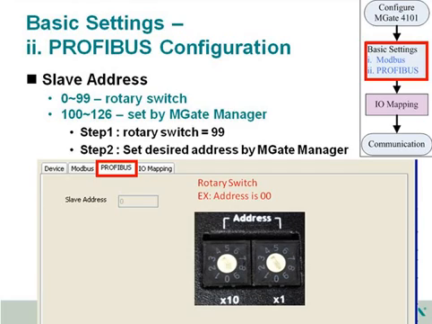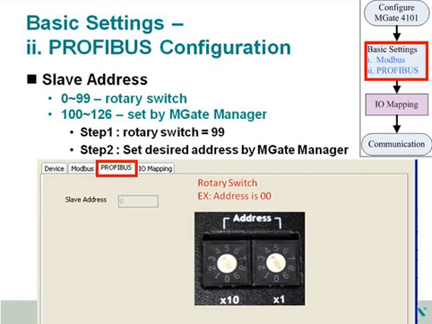You will also need to set the Profibus slave address. Here is one thing I need to emphasize. If you would like to set the slave address between 0 to 99, you will need to change the rotary switch on the MGate 4101, just like in this picture.